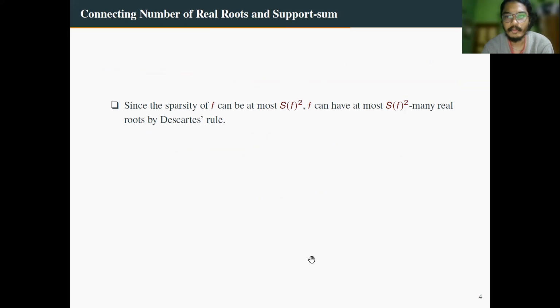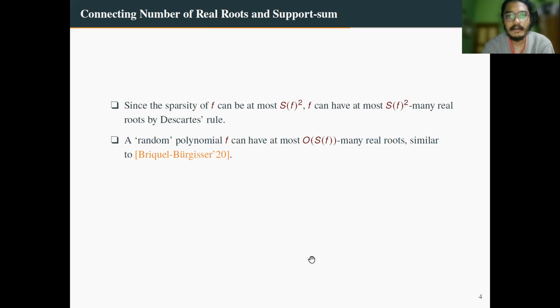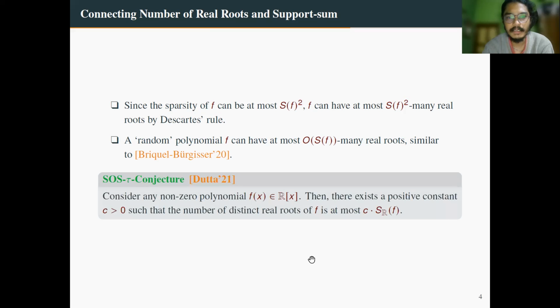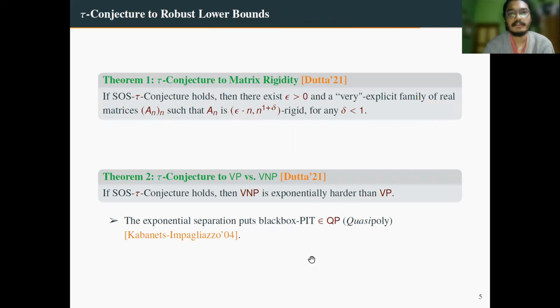For a polynomial f, since there are s(f) squared many monomials, it can have s(f) squared many real roots by Descartes' rule. But interestingly, a random polynomial f has order s(f) many real roots, and we conjecture that actually this is true not only for random polynomials but for every polynomial f, that the number of distinct real roots is bounded by order of s(f).